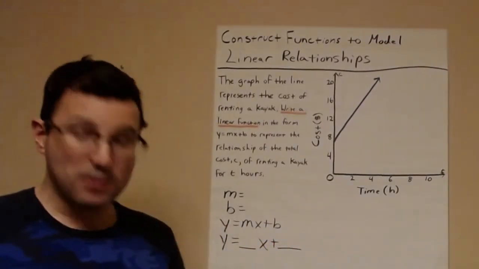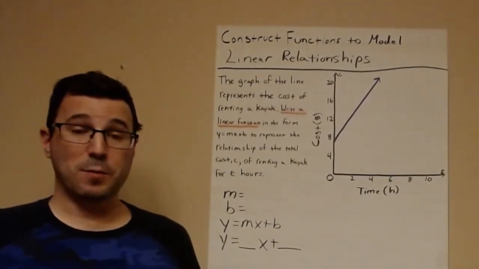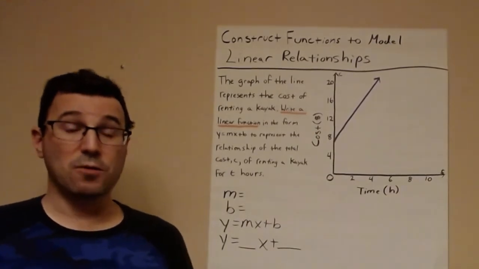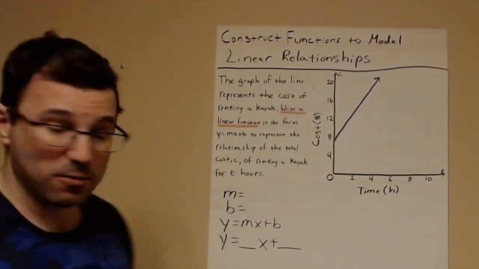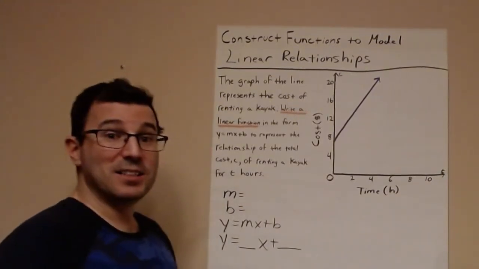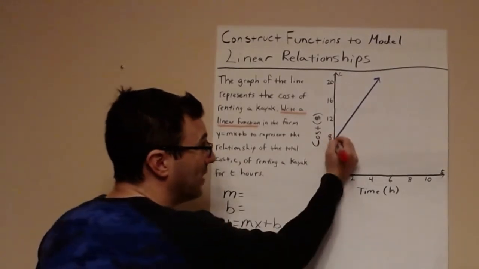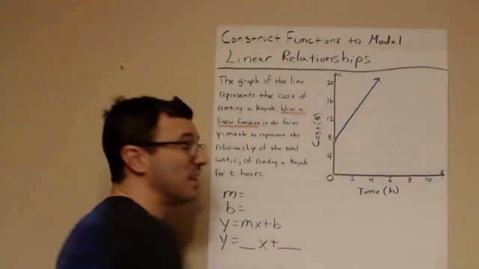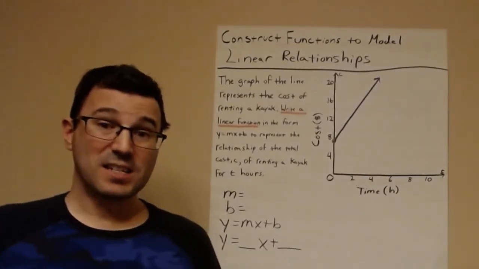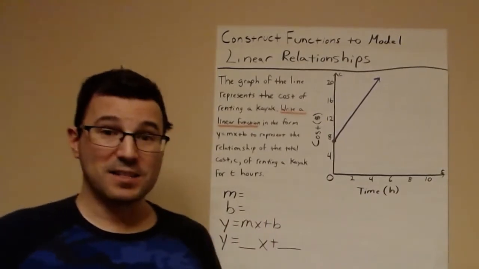Now, as always, when we're given a graph, the very first thing I'm going to look for, because it's usually the easiest thing to find, is the y-intercept. So I look, and there's a problem. The line does not intersect the y-axis at a nice spot. I can't really tell what that is.